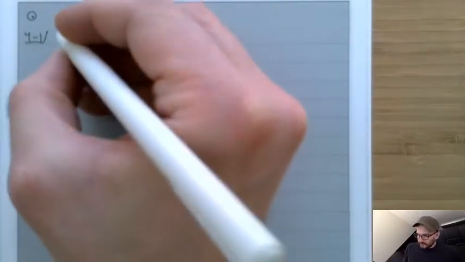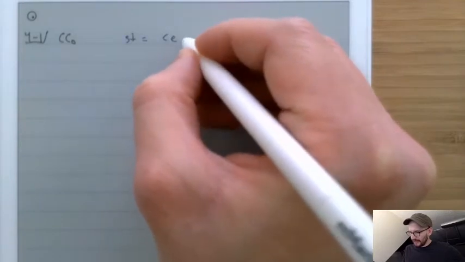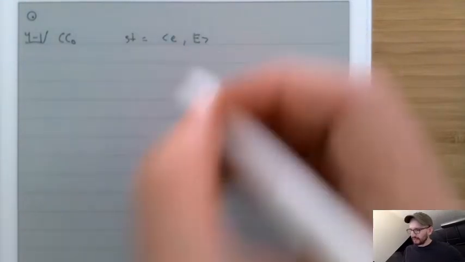All right. Recall that last time we talked about the CC0 machine, whose states were values like E and then an evaluation context.